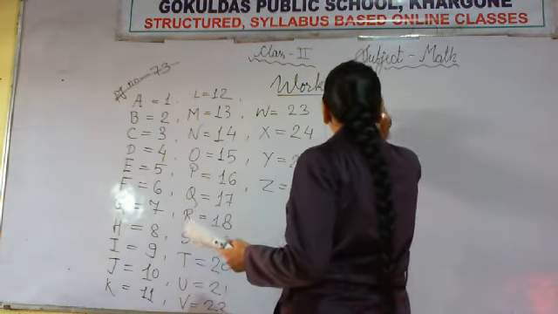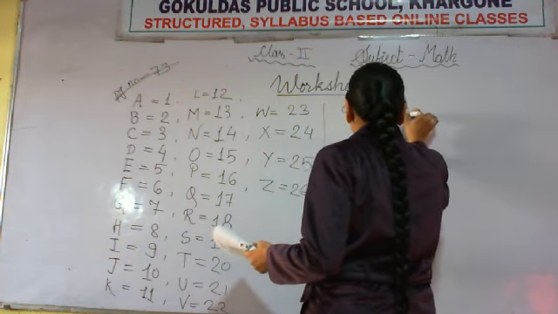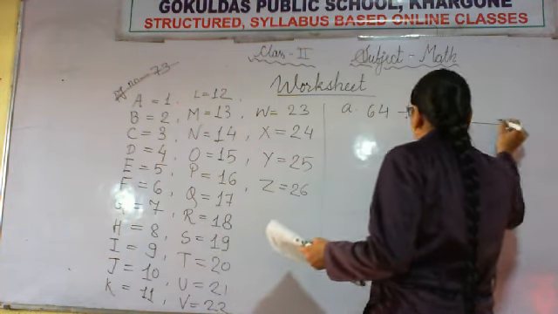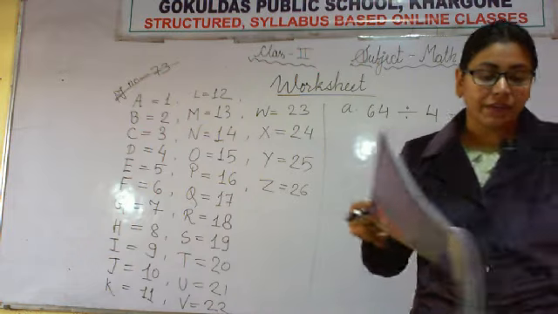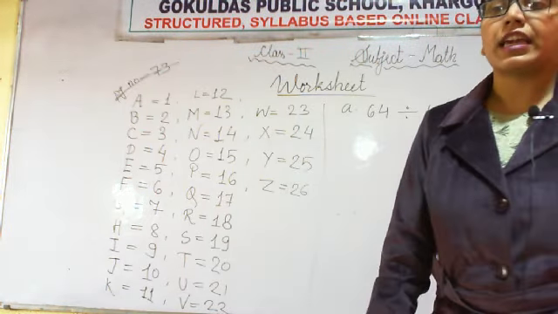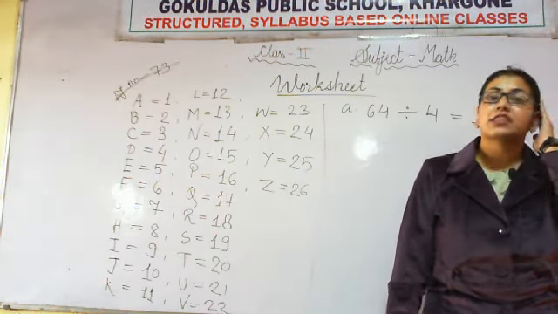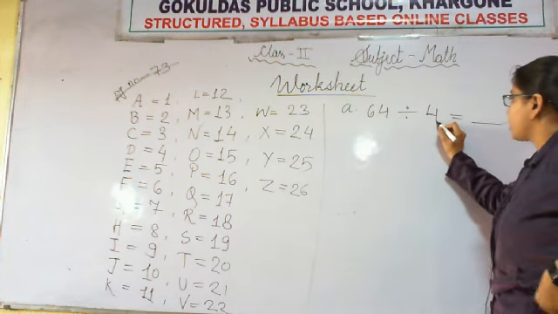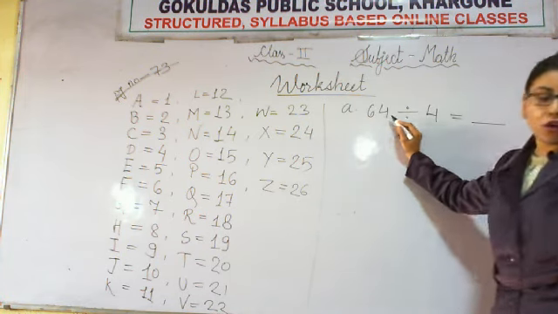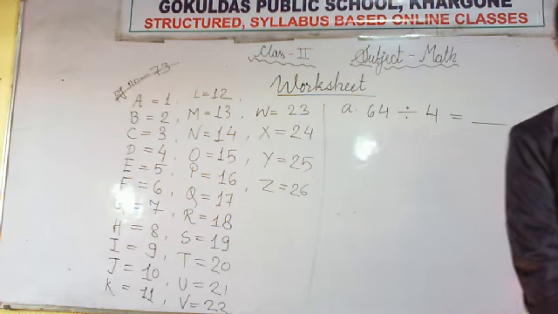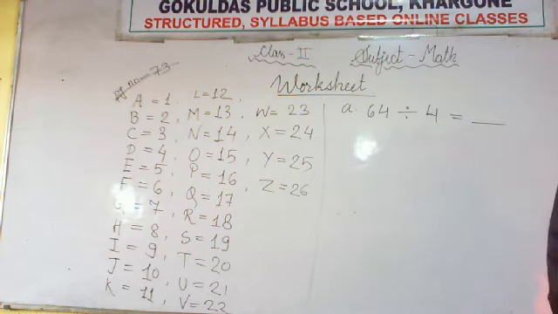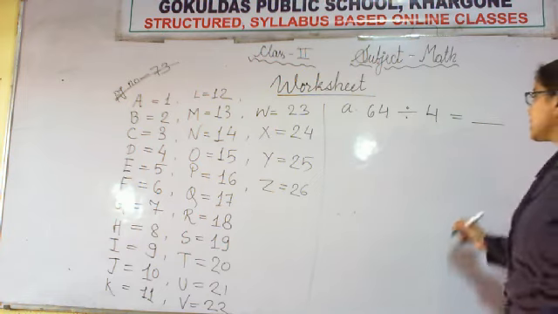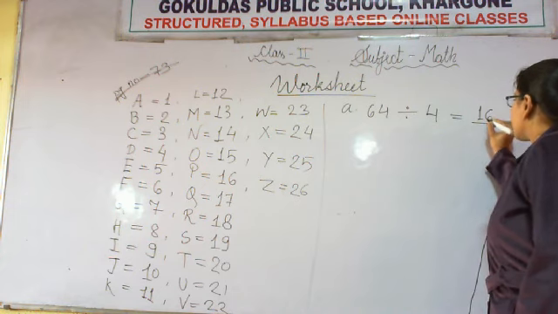Cloud A, 64 divided by 4. Now we know the relation between multiplication and division. So in the table of 4, 64 comes in how many times? In the table of 4, 64 comes in 16 times.